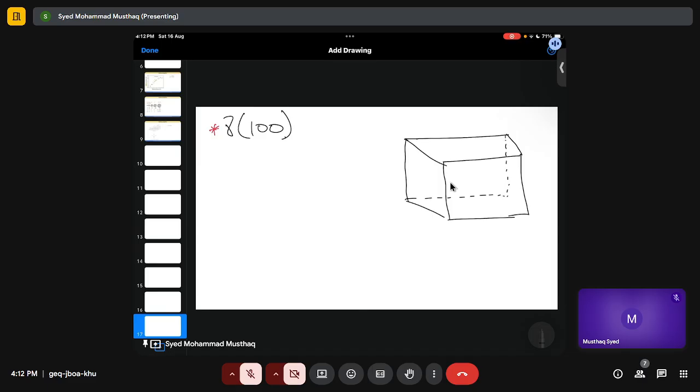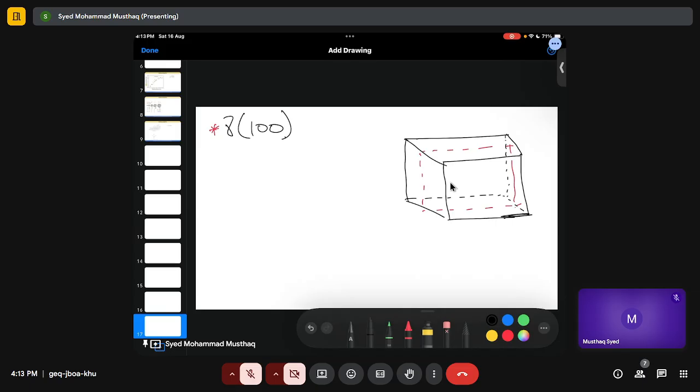The cube is getting ugly with every diagram. Okay. So yeah, let's take red to cut. Now we are trying to cut here. That's it. Let's take blue atoms. Okay.